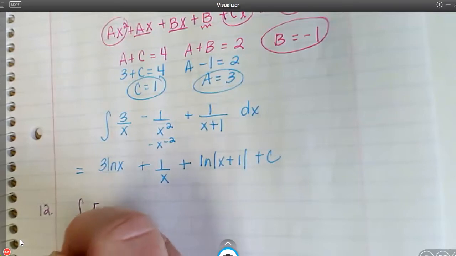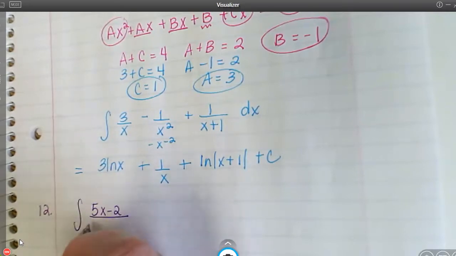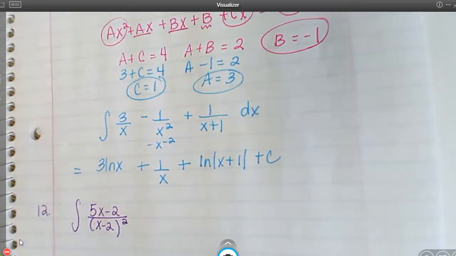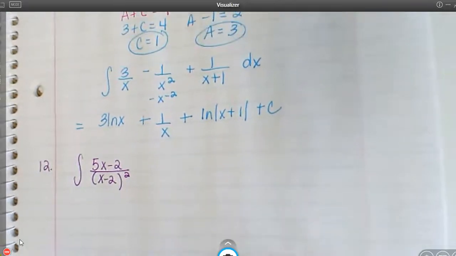Now 12 is going to be done very similarly. I'm not going to complete it all right here, but I want to show you the process of setting it up. See, again, it's something squared. And it seems like in our mind, why can't we just do a over x minus 2 and b over x minus 2?